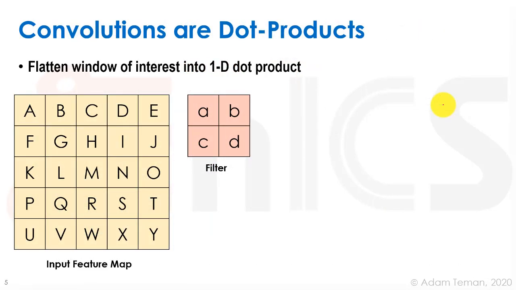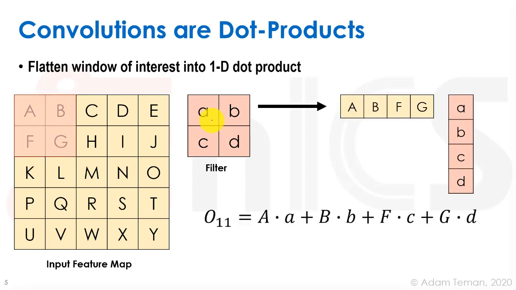So convolutions are just dot products. Here we have an input feature map of 5 by 5 on the left, and here we have a filter of 4 by 4 on the right. What we can do is map this type of convolution: we take the window of interest over here and flatten it out, so we have A, B, F, G going into a flattened vector, and we take our filter and flatten A, B, C, D into a column vector.